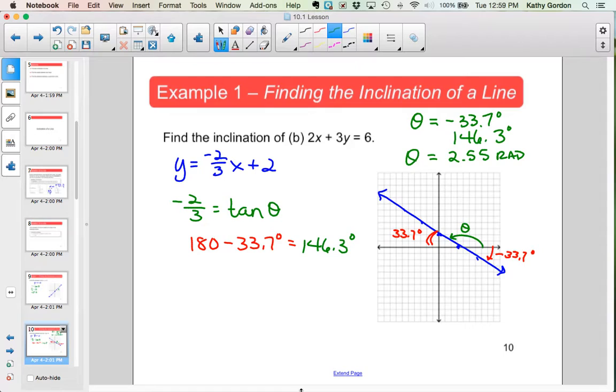Because if you just do cosine on the negative 33.7, you're going to get the answer to what the cosine of this angle is, not this angle. You see what I mean? Because you have negative 2/3 as tangent, you can draw a triangle and then use the Pythagorean theorem to find the cosine of it. You already did more work than 180 minus 33.7 is. So you could probably get there, but it sounds like way more work than just taking it from 180.